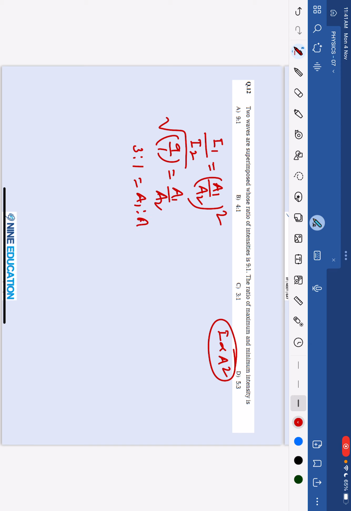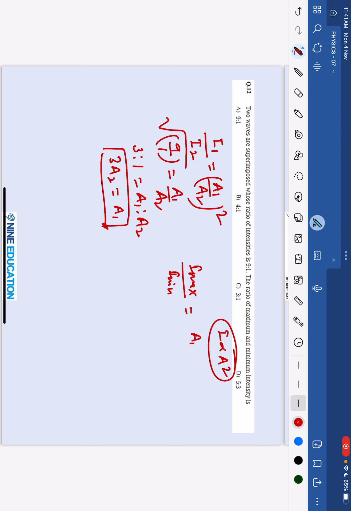A1 is to A2, correct? So can I write it as 3A2 equals A1? So it is 9 is to 1, sorry, my bad. So I1 is 9, and this is correct. Now they are asking maximum and minimum intensity. So what is my I max by I minimum?